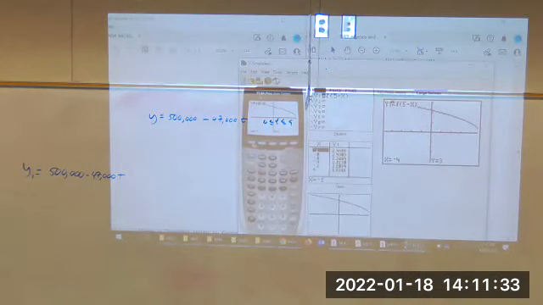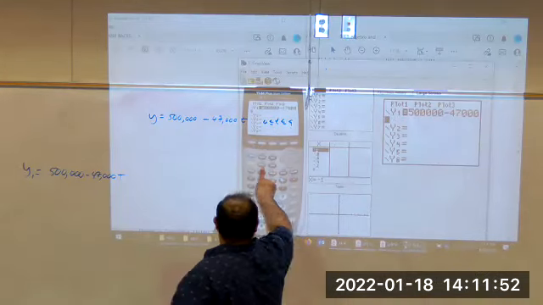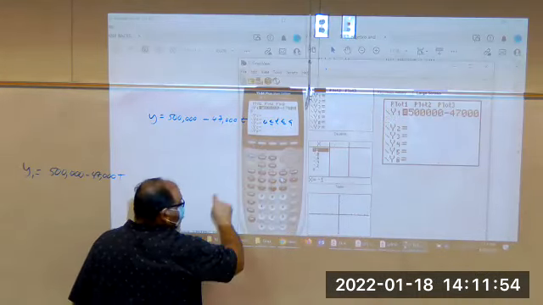Again, you can't see the t. Every time you hit that, it's not going to give you t, it's going to give you x.